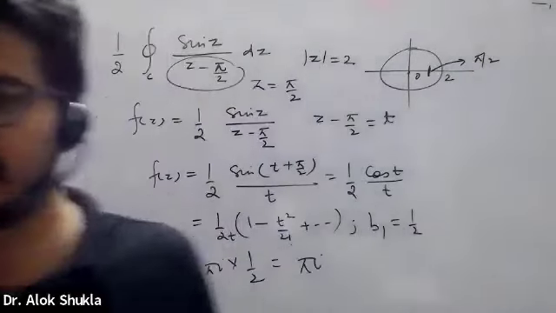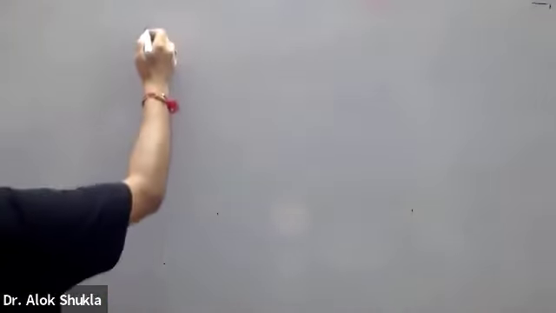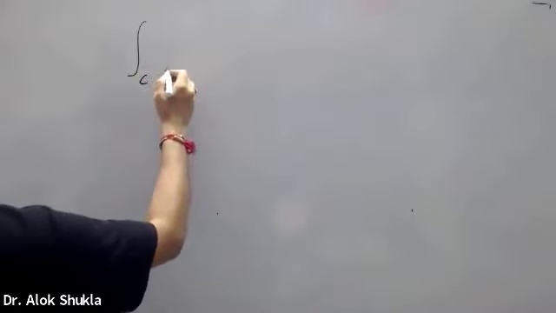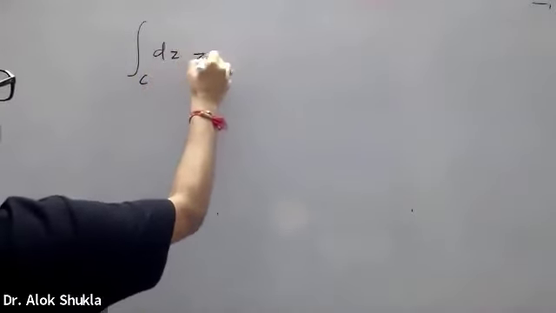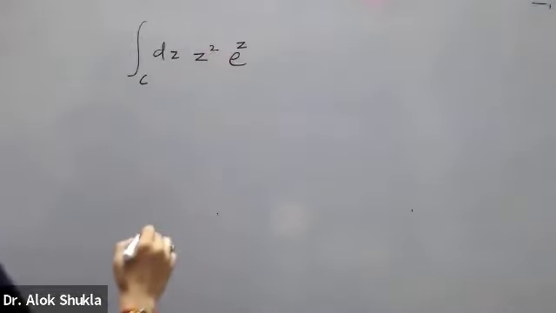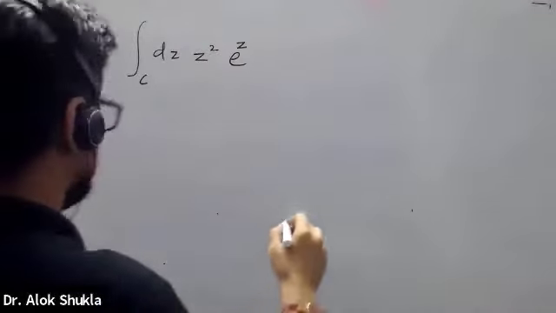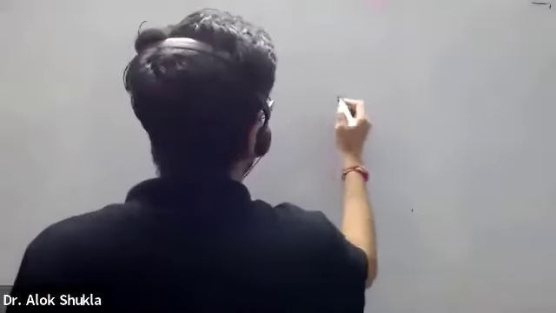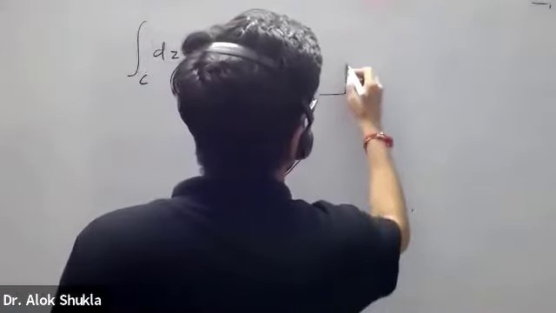Moving to the next question. This is the integral over c of dz over z square e to the power z, and the contour c is given like this.